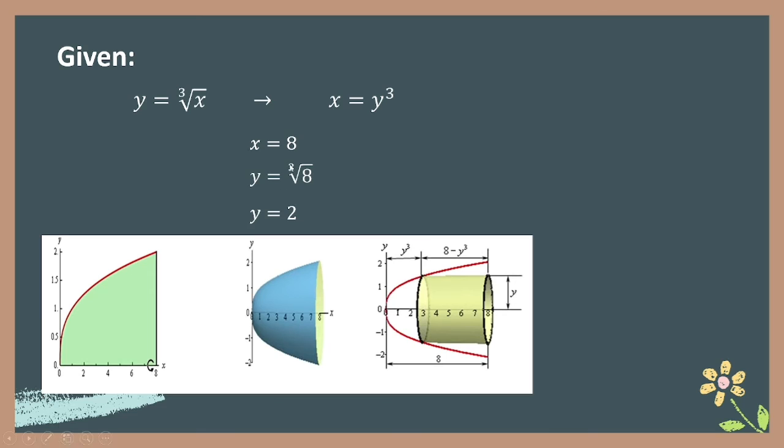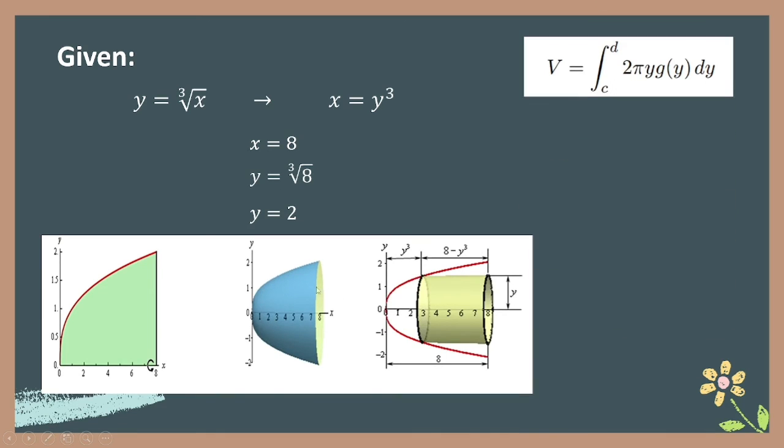So here is the graph. As you can see, the solid lies up to 8, but it is around the x-axis, so all the measurement comes from the y-axis. This time we have delta y, or dy.